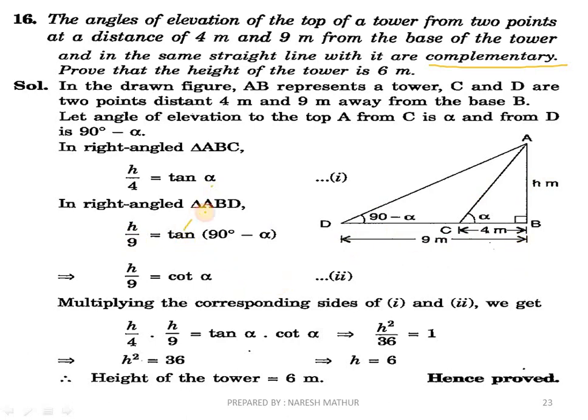Now the formula: tan 90 minus alpha equals cot alpha. So we have two different values, in the first one tan alpha, in the second one cot alpha.